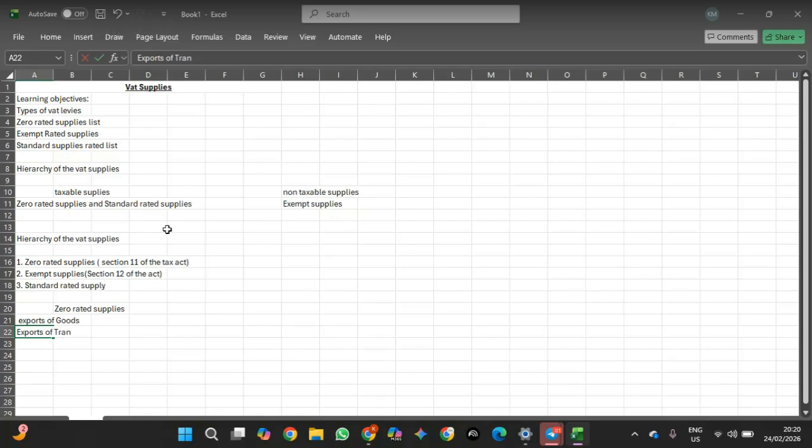So with zero rated supplies, always ask yourself, if this item is going outside the country, who is the end consumer of the item? It would be somebody outside the country, and you have to remember that that is what destination is. If the consumer, the purchaser of that particular item, is inside the country, then they will pay the VAT.